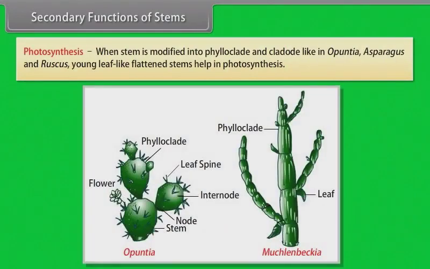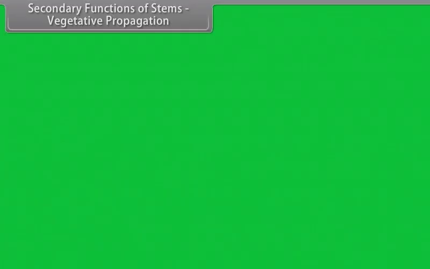Photosynthesis. When stem is modified into phylloclade and cladode like in Opuntia, Asparagus, and Ruscus, young leaf-like flattened stems help in photosynthesis. Vegetative propagation.